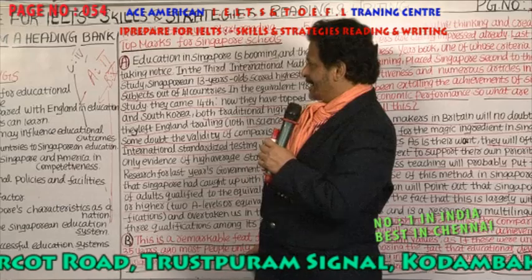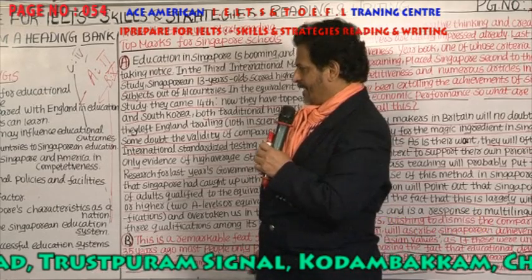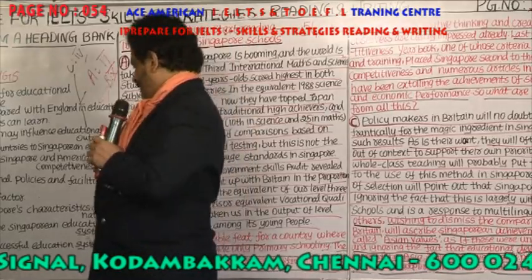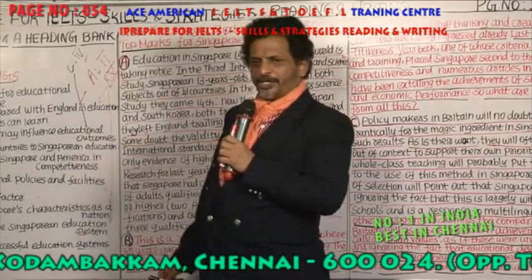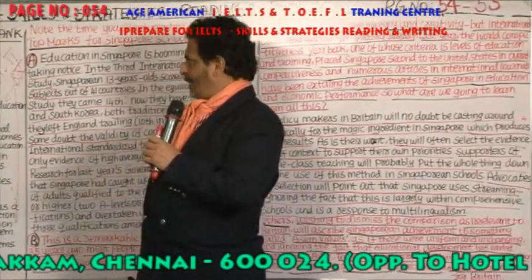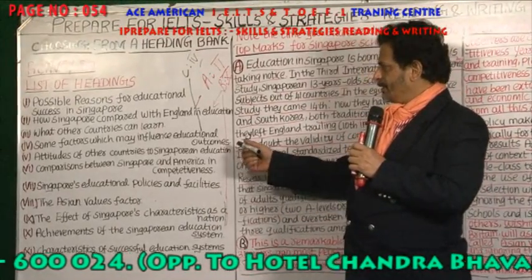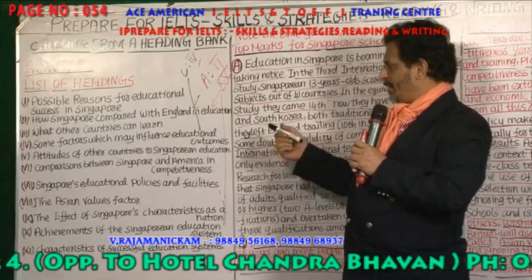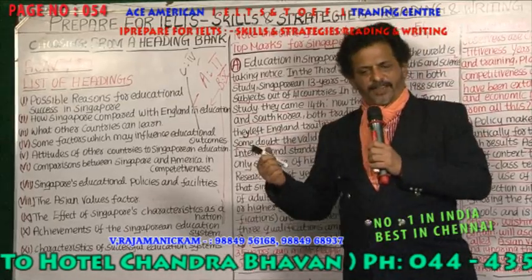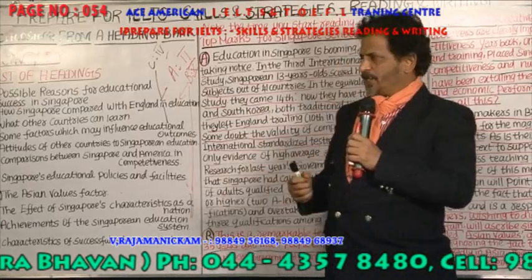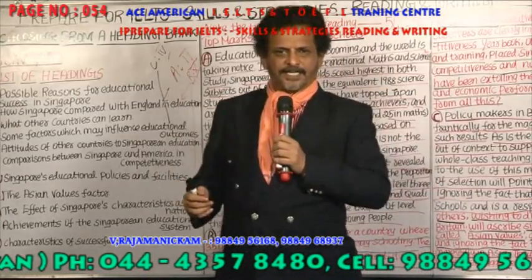And the second paragraph clearly says about achievements of the Singaporean educational system. And the third paragraph clearly says about the factors, the reasons which influence the educational outcomes. So hope you are able to understand this.